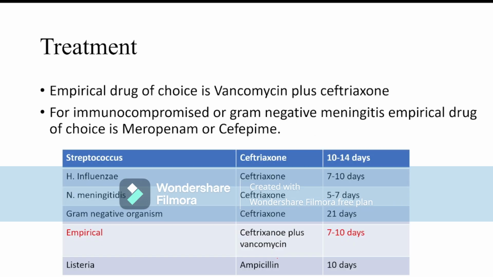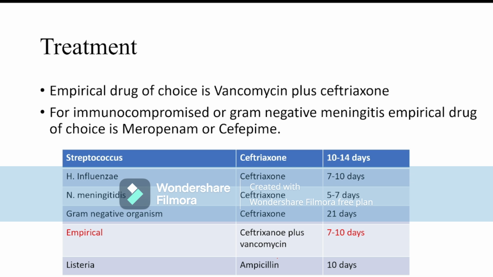Now come to the treatment part. It is much more important because the duration of treatment is much more important. In the case of neonates, we have to give antibiotic treatment for 21 days. This is very clear. Now come to the empirical drug of choice for the treatment of meningitis.